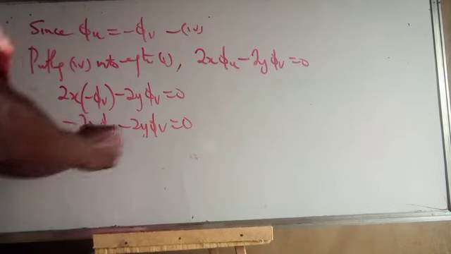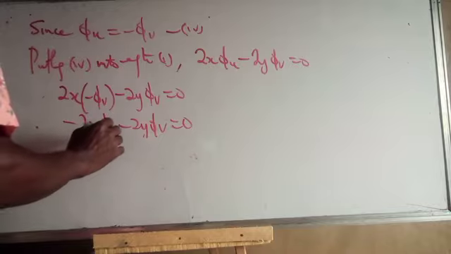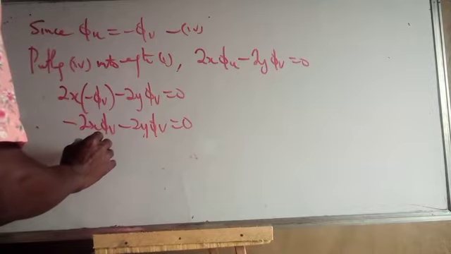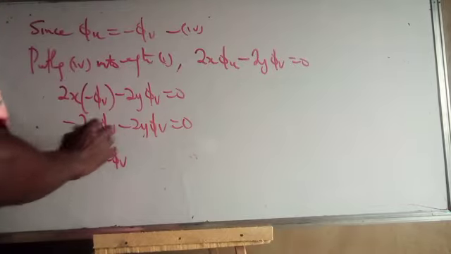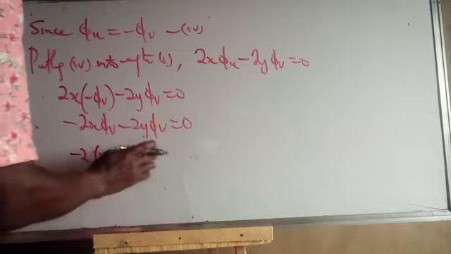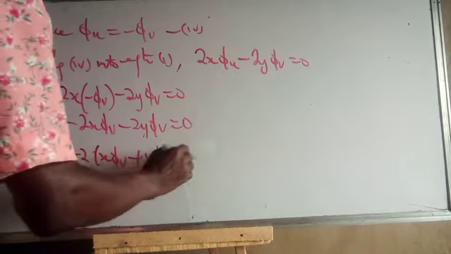So by the time we have this, we have minus 2 into x phi v plus y phi v is equal to 0.